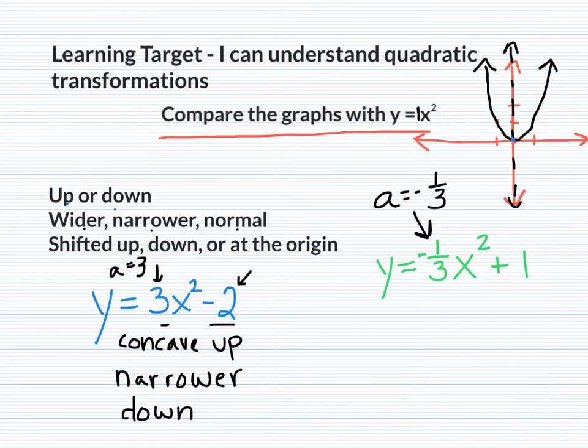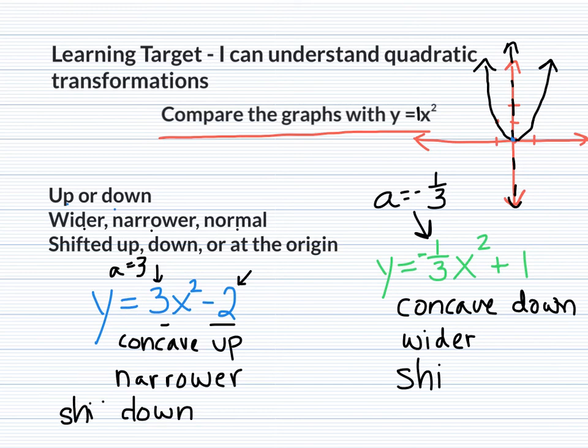So the negative part tells us it's concave down. The third part of that is going to tell us that it's going to be wider. And the +1 is going to shift it up. I should have put shift up over here. Shift up.